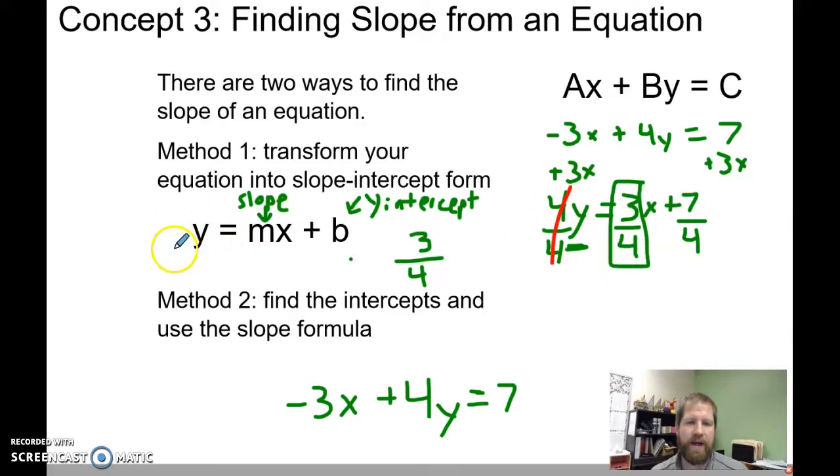It's got to be y by itself on one side, and if you had, say, y divided by 2, you've got to multiply it out. You've got to get it all by itself and then transform the other side. In this case, divide by 4 for each of them. If it was y over 2, I'd have to multiply each of them by 2. But you've got to get y by itself.